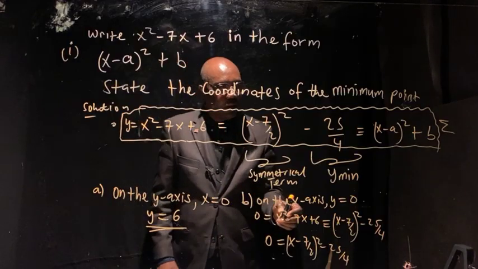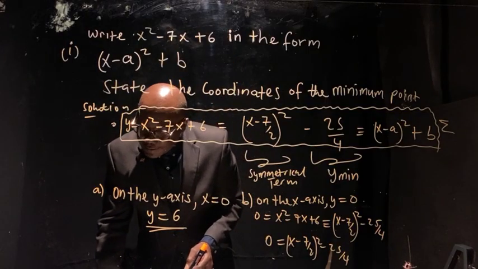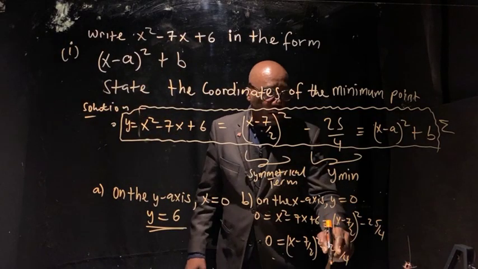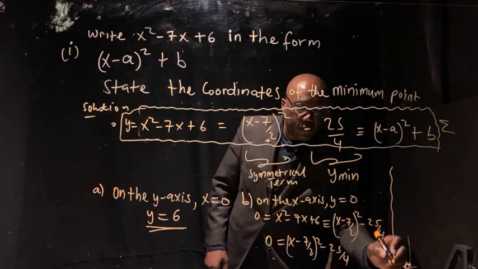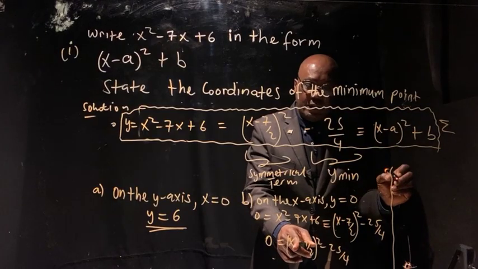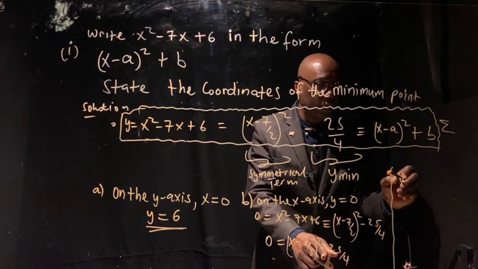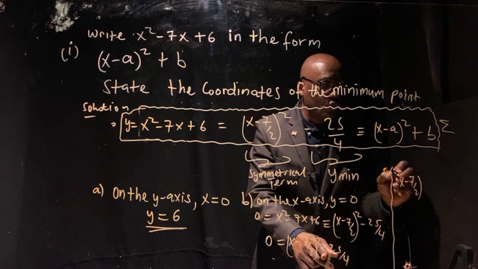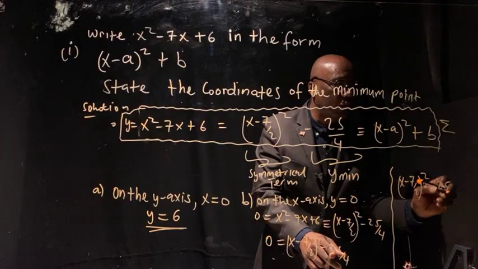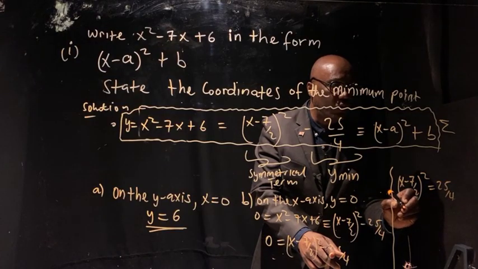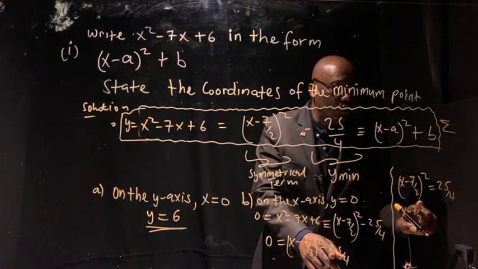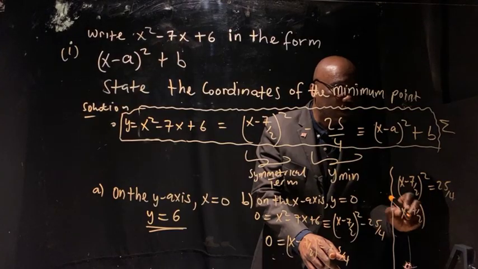In which case, is there any place that we can borrow? We can. So we continue from here. You can find out that x minus 7 over 2 squared will be equal to 25 over 4. We will take the square root on both sides.